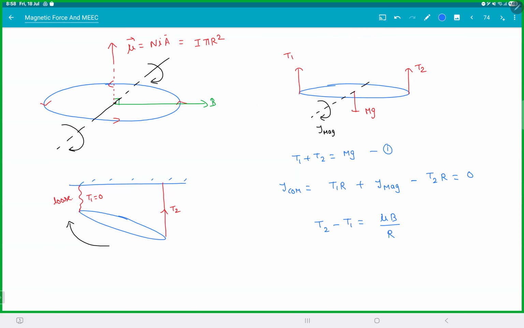Two equations, two unknowns. Add them, you'll get T2. Subtract them, you will get T1. There, if mg becomes equal to mu B by R, the tension becomes 0. So they can ask you something like that also: find the current so that one of the strings becomes loose.